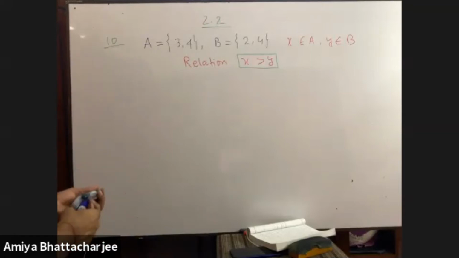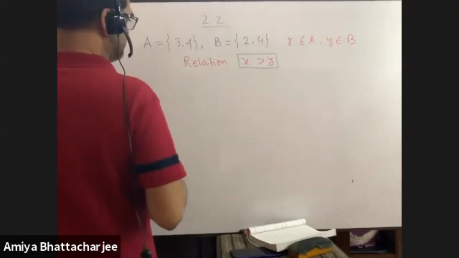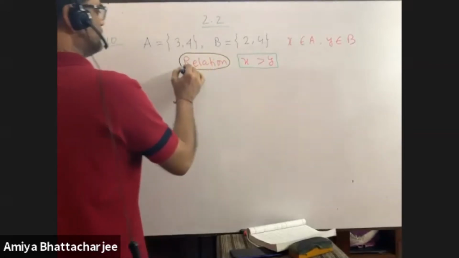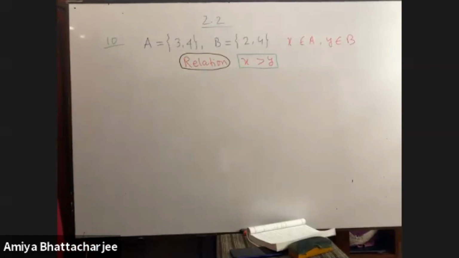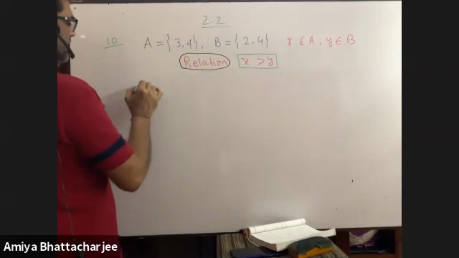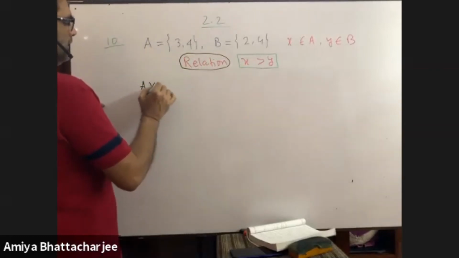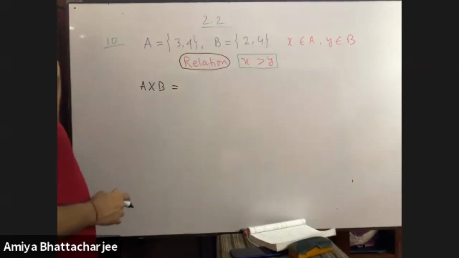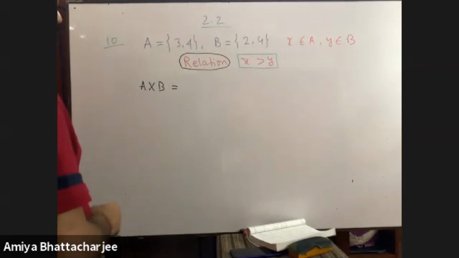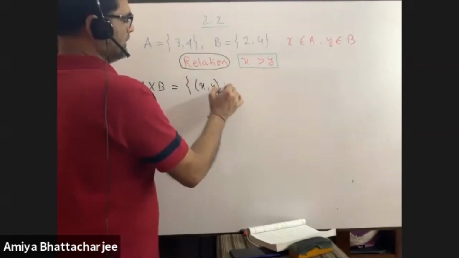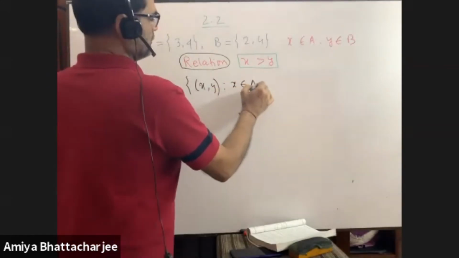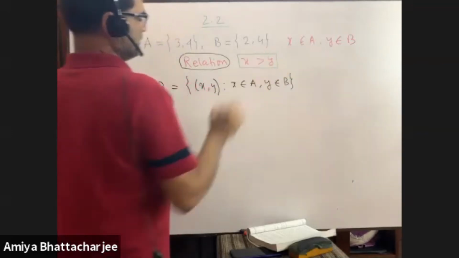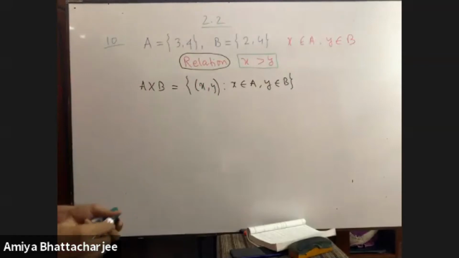If anywhere you see the word relation, then you write down at first A product B. Can you remember what is the meaning of this? It means XY, where X belongs to A, Y belongs to B. But in the exam hall, you are not required to write it down.